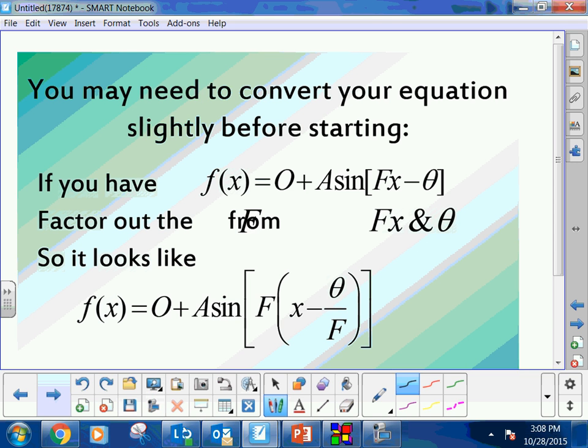It becomes imperative, which means it becomes necessary, in order to identify the correct frequency, you need to factor out the f from this part right here. Once you factor out that f, then this is what it should look like.